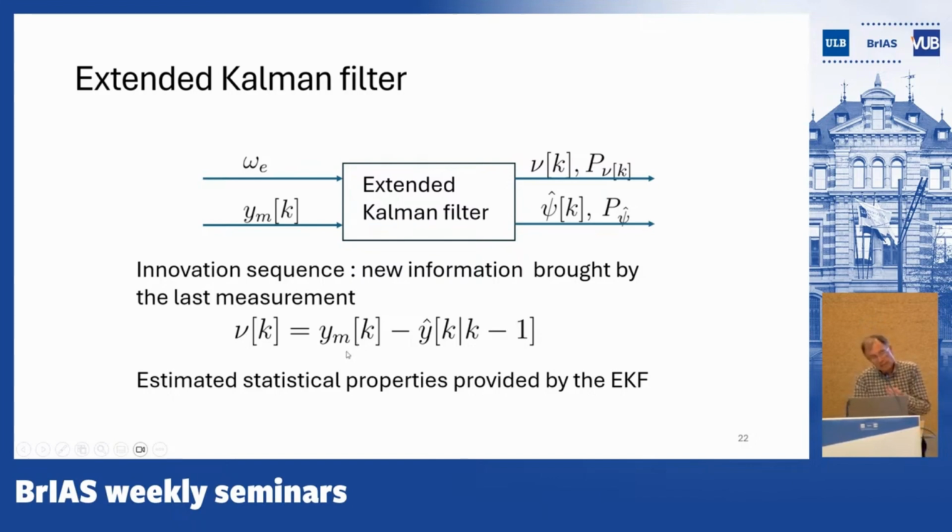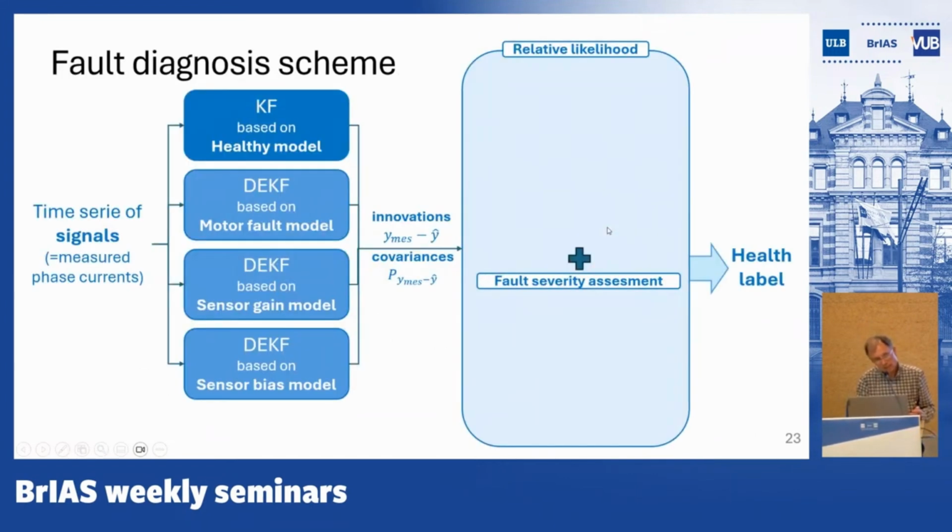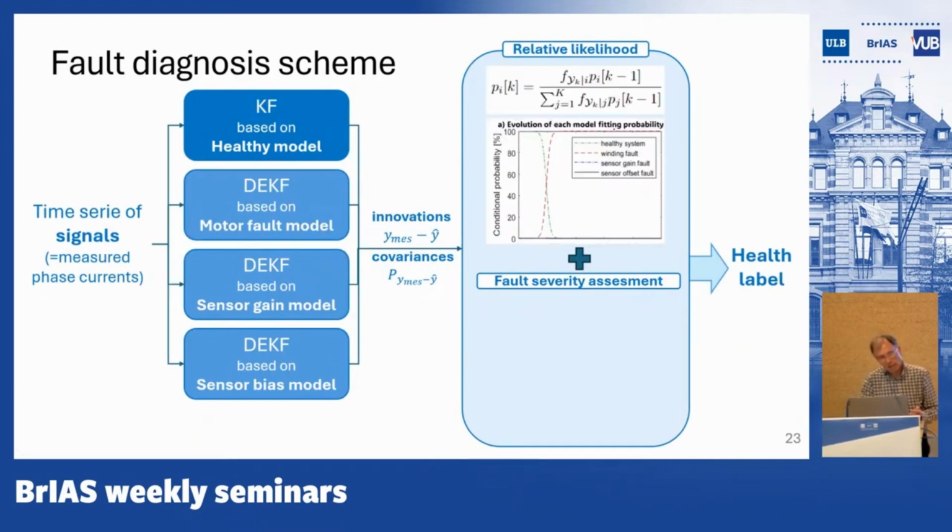And so it turns out that these quantities have specific statistical properties that are estimated by the Kalman filter through what is called the covariance matrix of the innovation signal and the covariance matrix of the parameter estimate. And so what we will do is run different state estimators, one for each specific situation.